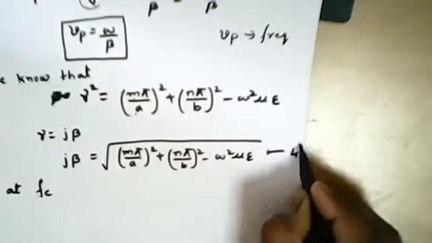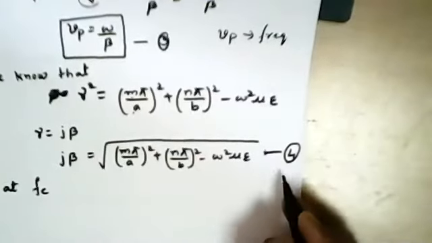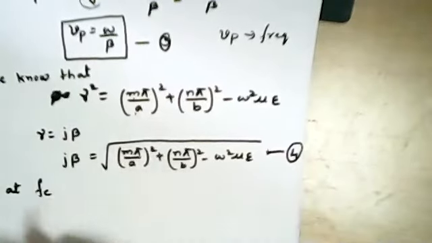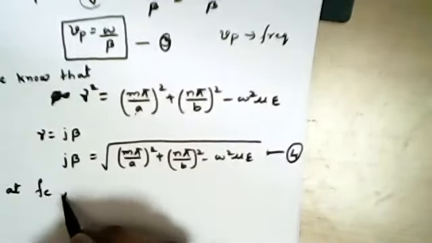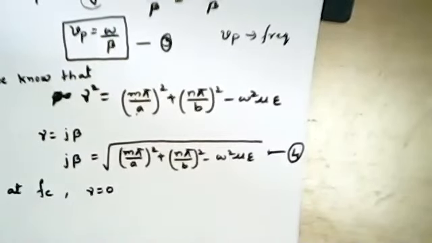At cutoff frequency, the wave just starts to enter the waveguide. Hence, the propagation constant will be equal to 0 at cutoff frequency.